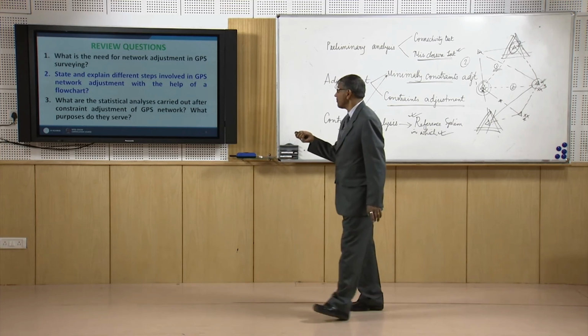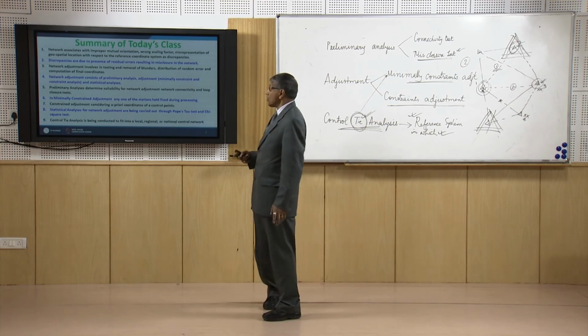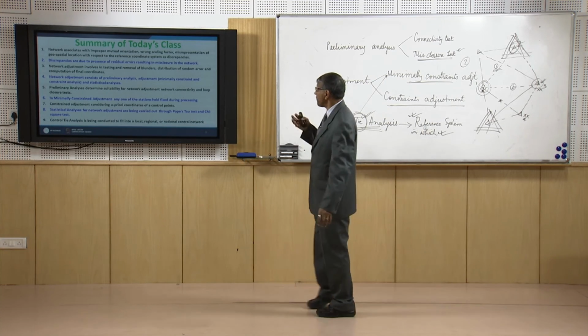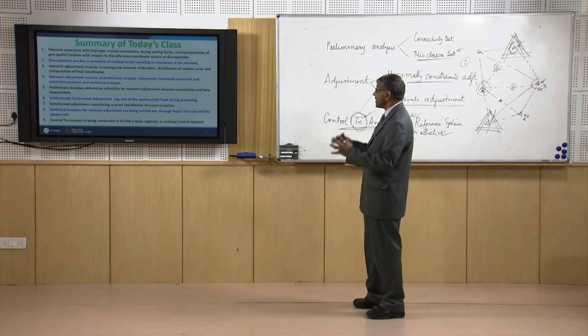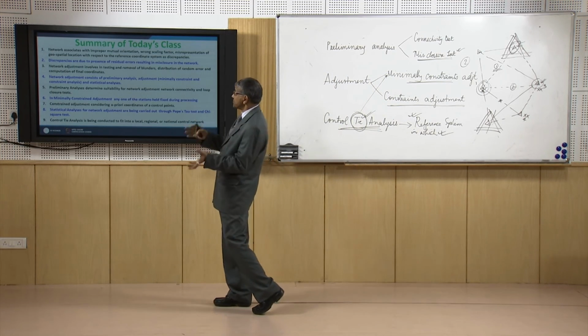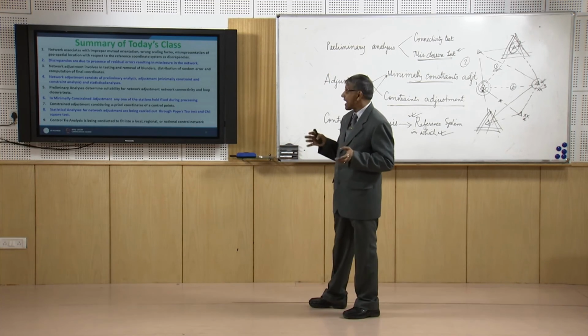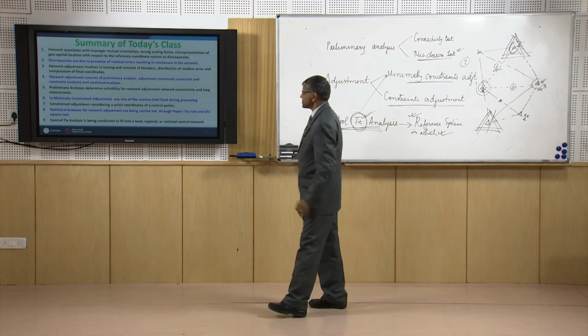To summarize today's class, a network is associated with improper mutual orientation, wrong scaling factor, and misrepresentation of the geospatial location with respect to reference coordinate systems as discrepancies.